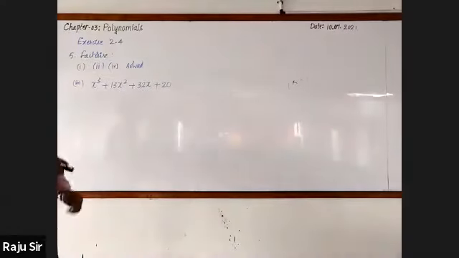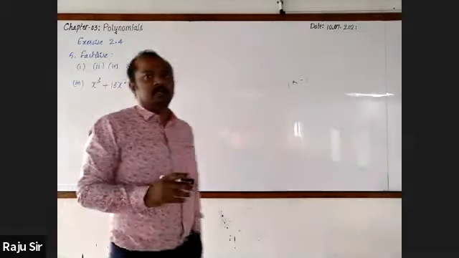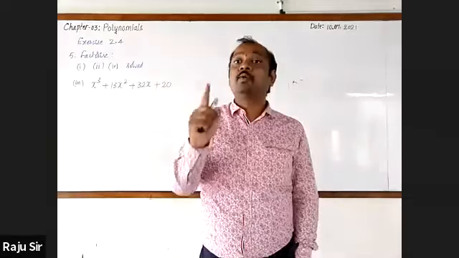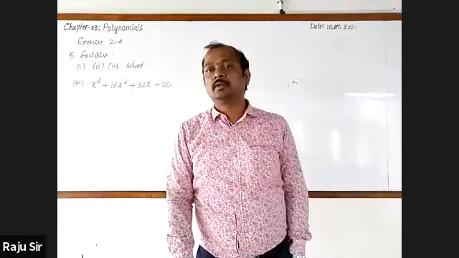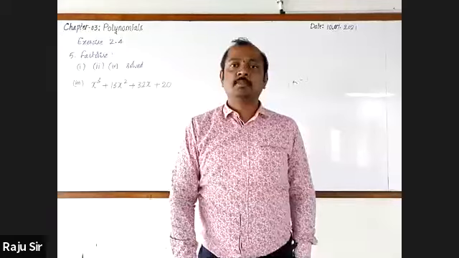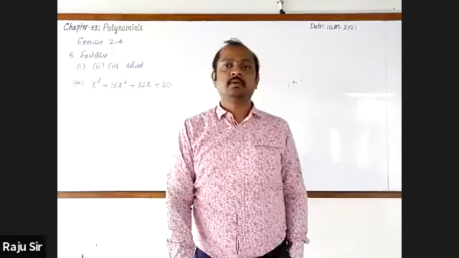Dear students, you all know that as it is a cubic polynomial, first we will go for finding one factor. But how do you go for finding one factor? By identifying one of the zeros. But how do you get that zero?